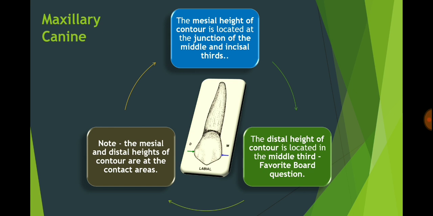Now remember, the teeth don't work by themselves, they're working as a group, so you have to always put everything together. All right. The mesial and distal height of contours are at the contact areas. That is true for most of the teeth.